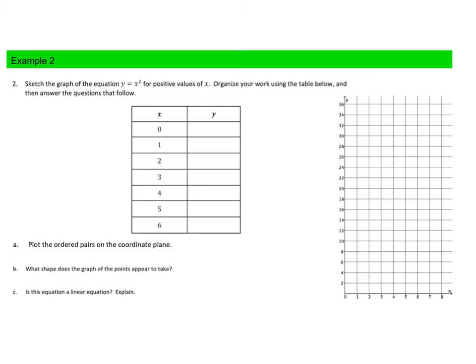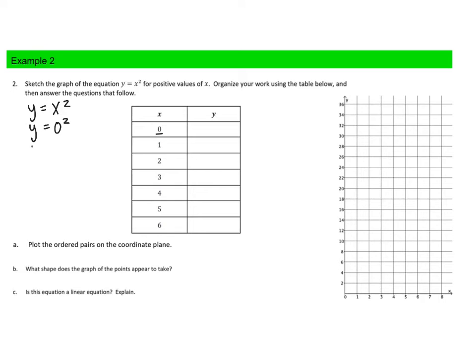Moving on. All right, moving into example 2, it says sketch the graph of the equation y equals x squared for positive values of x. Organize your work using the table below and then answer the questions that follow. So let's fill out this table together. For the first one, my x is 0, so y equals 0 squared.